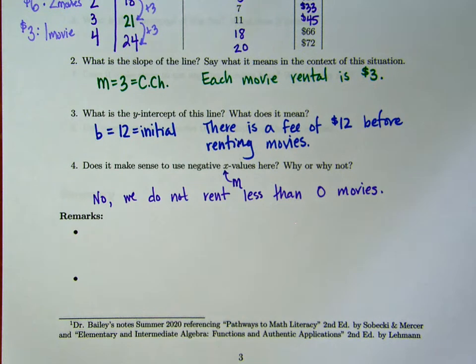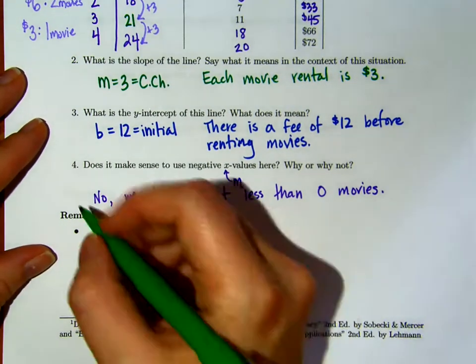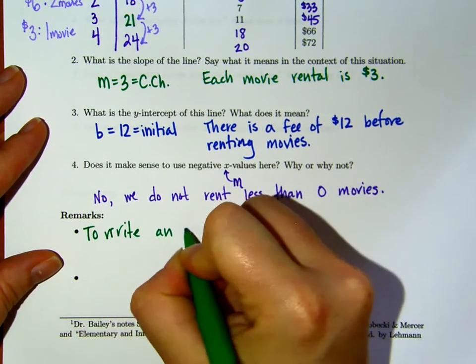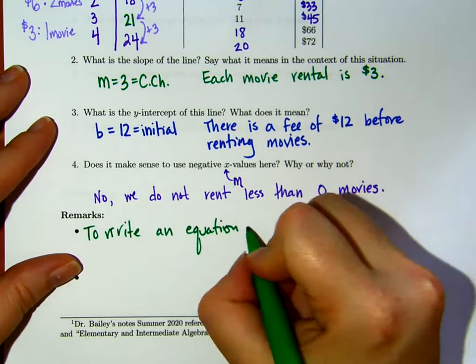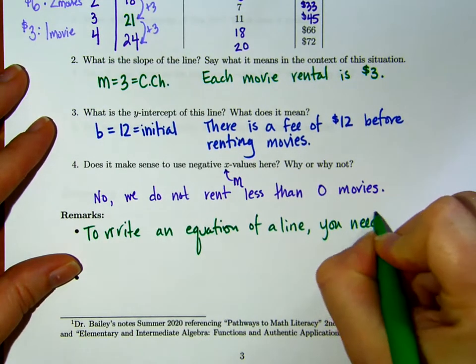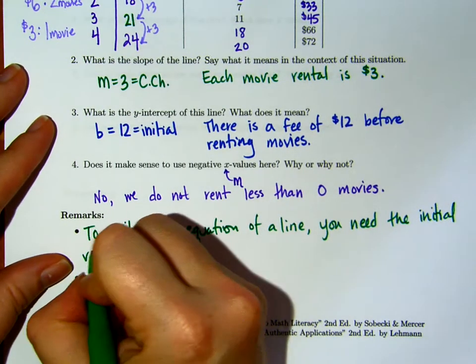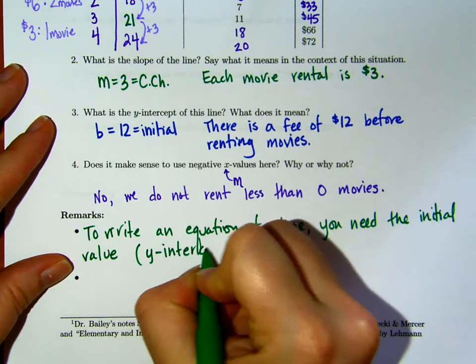A couple of quick remarks. Let's go green. In order to write the equation of a line, you need the initial value, which is also called the y-intercept.